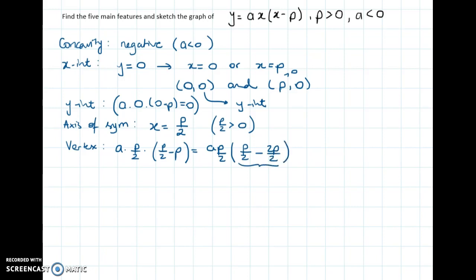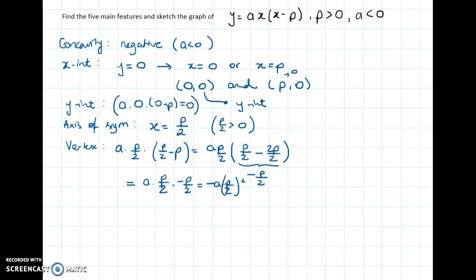So this is minus p over 2. So this is a times p over 2 times minus p over 2. We can write this as minus a times (p over 2) squared.